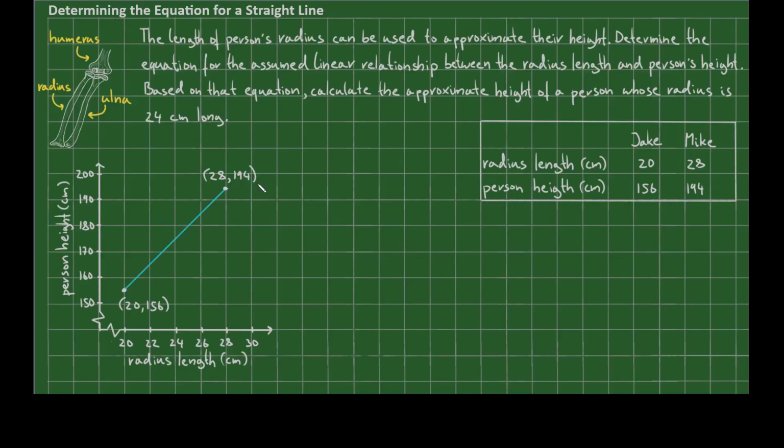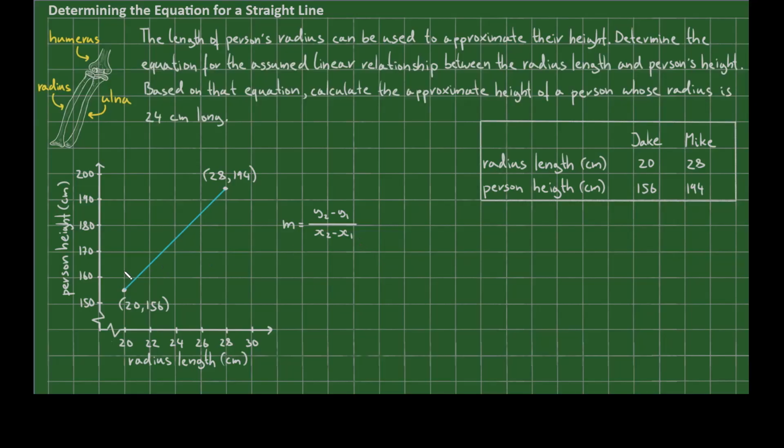What about the y-intercept? Due to the discontinuities, I cannot extend this line to see where it will hit the y-axis. Luckily, I can still calculate the y-intercept. But firstly, I need to calculate the gradient. And for that, I will need the formula for the gradient. I also need to decide which one is point 1 and which one is point 2.